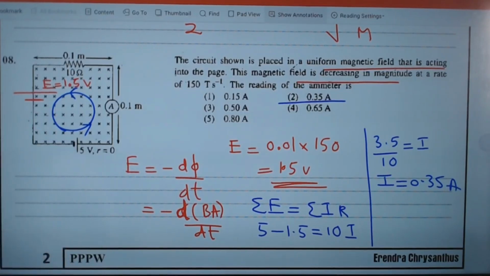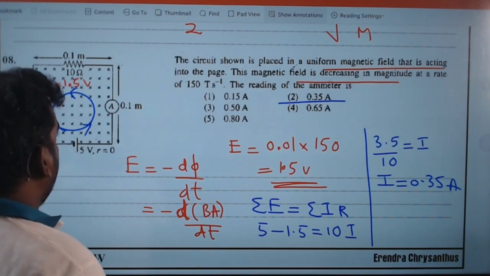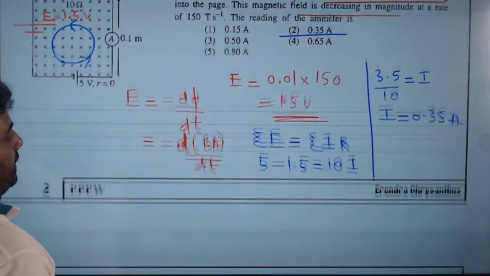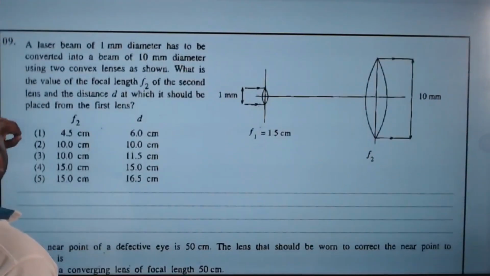Therefore, we can find the induced EMF and the net current.